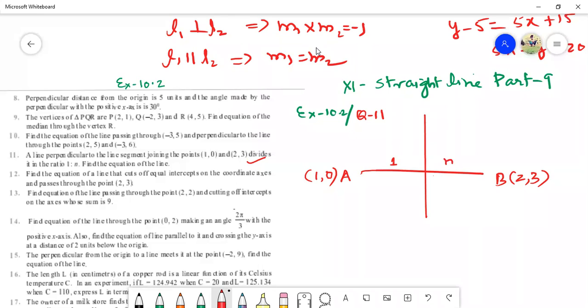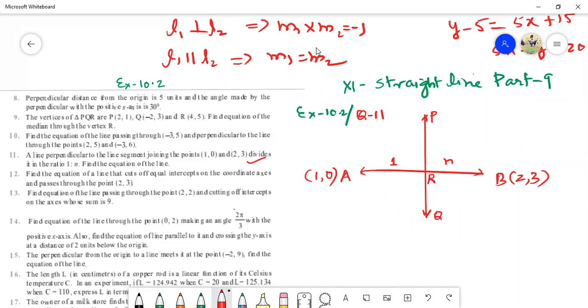Suppose this is P and Q, the PQ line. This is the AB line and the PQ line. So we have to find the equation of line PQ, and this is point R, suppose.